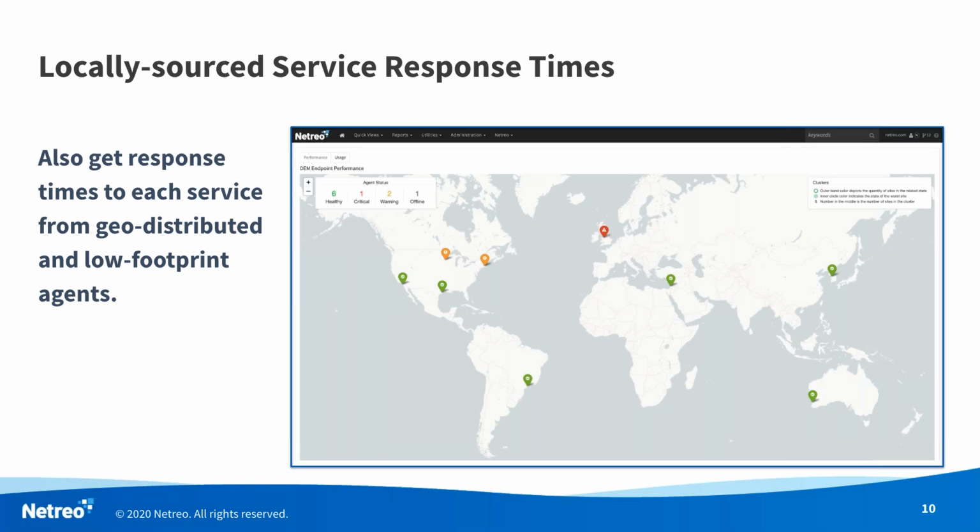Now, that begs the question: what if my users don't sit on the same network as my deployment, like Netreo Cloud, or maybe people are distributed because everyone's been working from home? Along with a small handful of other improvements to the initial release back in July, the biggest enhancement in Rev 2, what we're calling it internally, is the integration of low footprint agent technology to allow probes to be installed on any workstation.